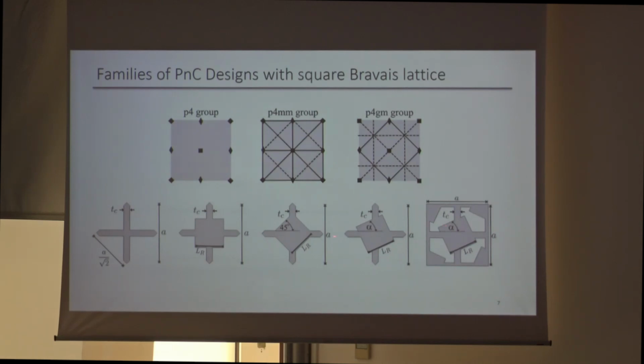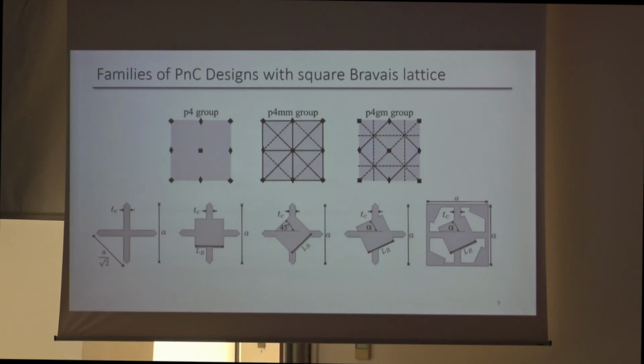Basically, mechanically speaking, we have the same square resonator, just we make different groups from them. Okay? Because before, it has been reported that the P4GM, the non-symmorphic plane group, is superior to other symmetry groups, and the chances of finding bigger band gaps are higher. So we decided to check if it's indeed true.